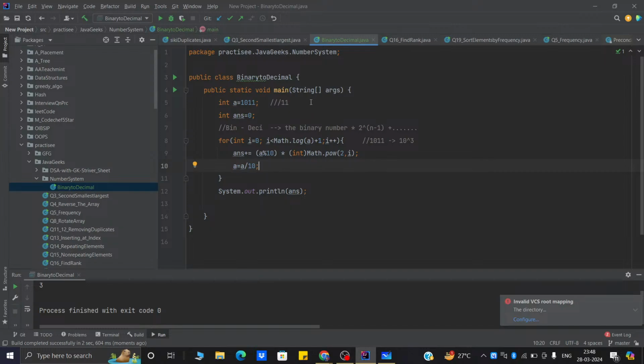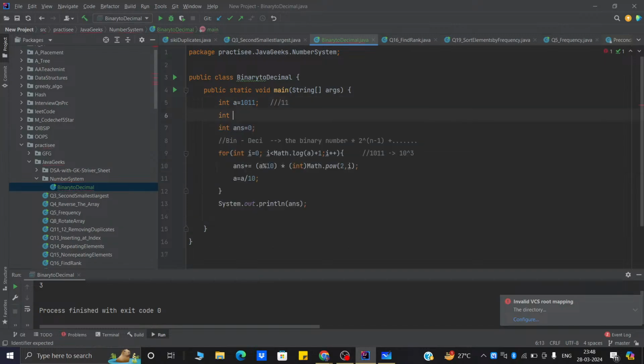No, it is not correct, as the integer is gone. So we have to copy it into another integer, and then we can do that. Let's say you can change this. Now I think it will work.